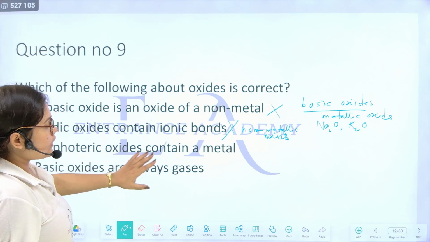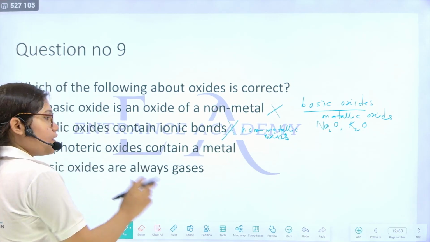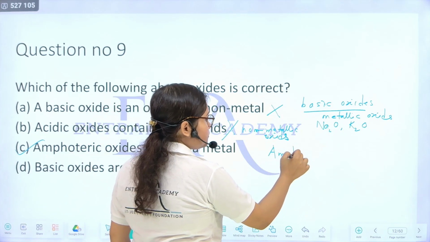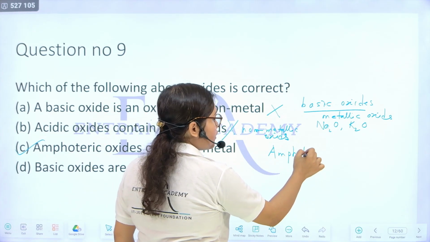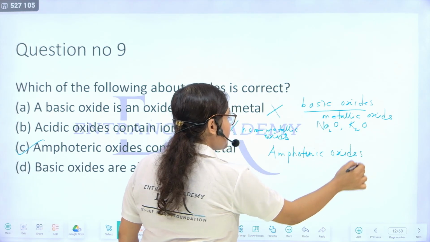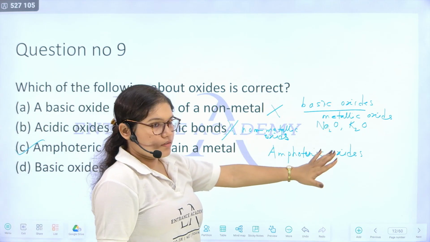Amphoteric oxides contain a metal. This statement is correct. What are amphoteric oxides? Amphoteric oxides are basically not basic oxides, not acidic oxides.